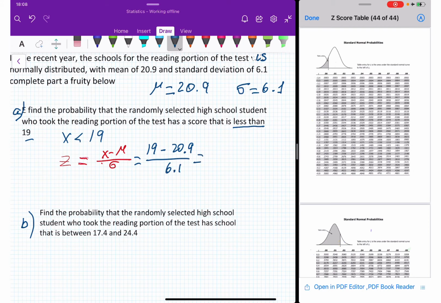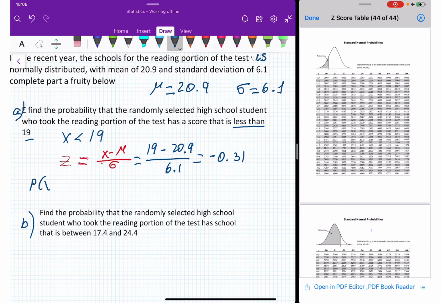So let's do it. So 19 minus 20.9, it's negative 1.9, and dividing by 6.1. So we are getting negative 0.31.